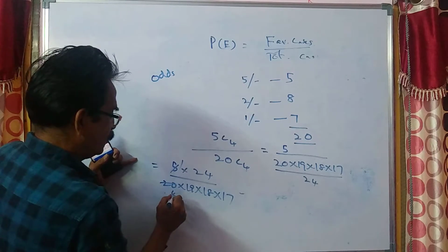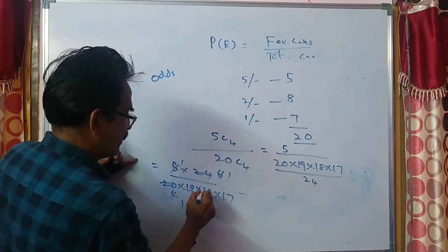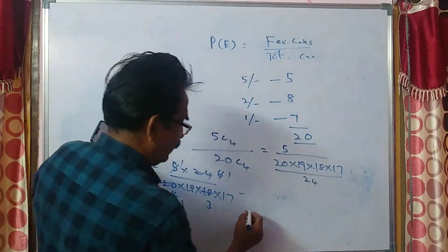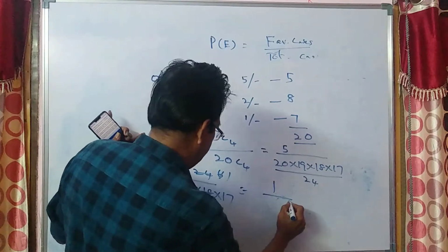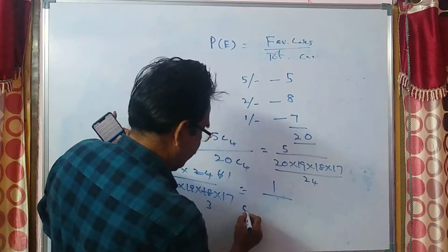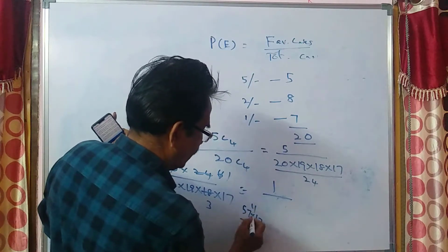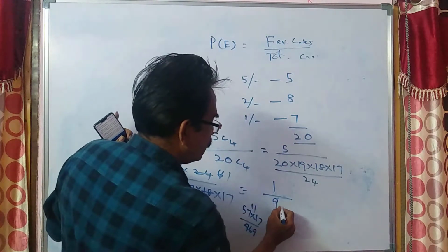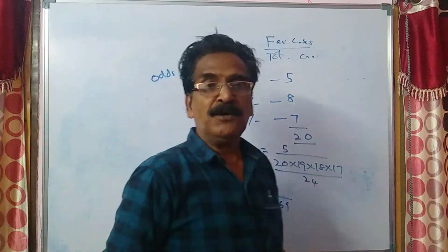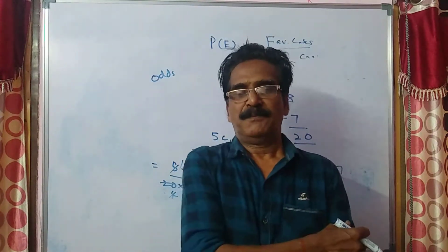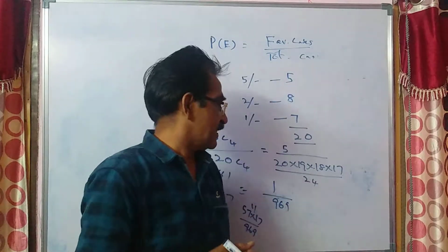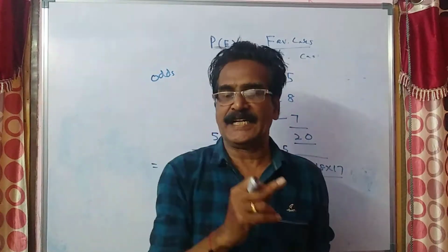Simplifying, we get 1 by 19 into 3 into 17, 57 into 17, which is 969. So the probability of drawing the maximum amount is 1 by 969.